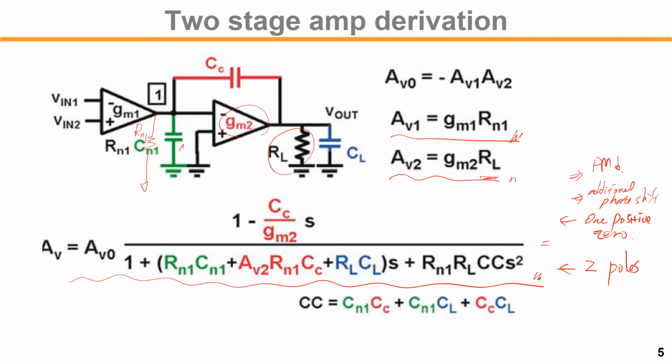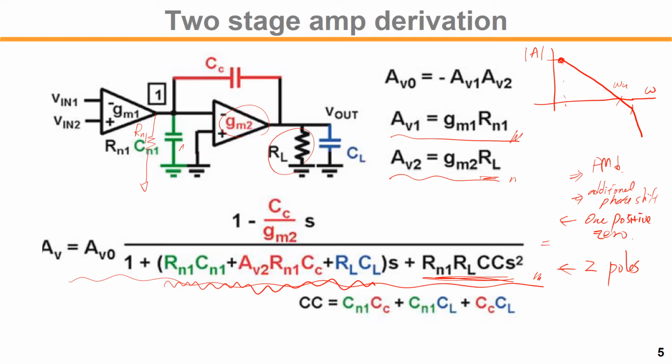One thing you can look at is the denominator, which is a very complicated second order equation. But as you can imagine, our transfer function will be like this: the dominant pole here, and the second pole way above the omega u, right?